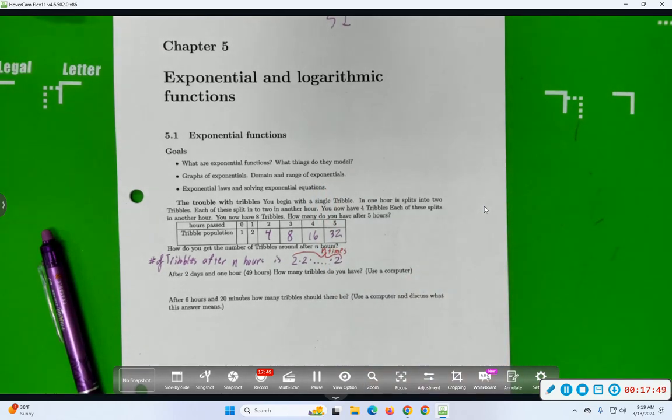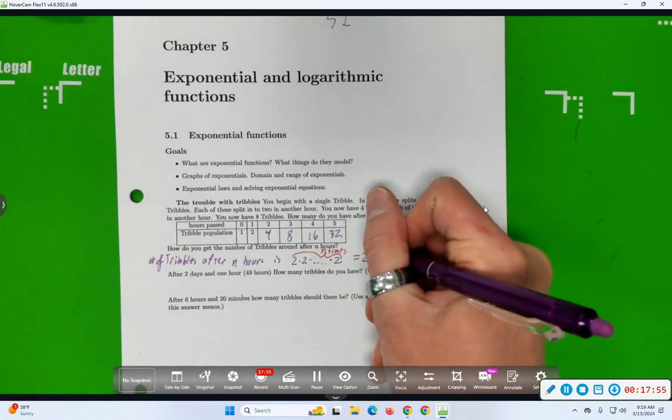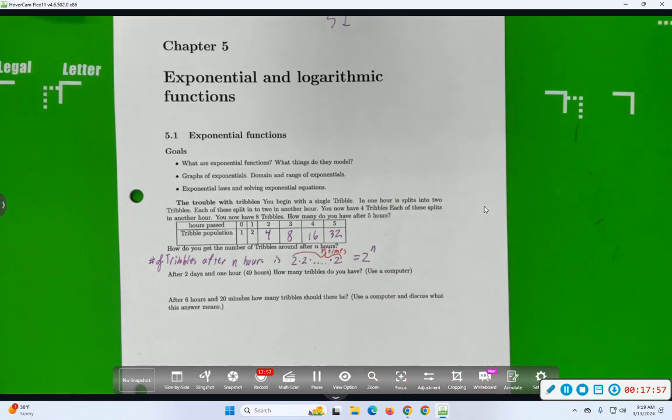And that's an annoying enough thing to write, and a common enough thing that you need to talk about, that is what we'll mean by 2 to the n. And in fact, you already knew that, right? What does x to the 5th mean? It means x times x times x times x times x. In this case, we're just thinking of the thing in the exponent being the thing that grows.